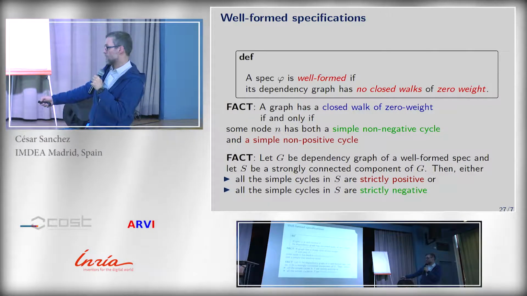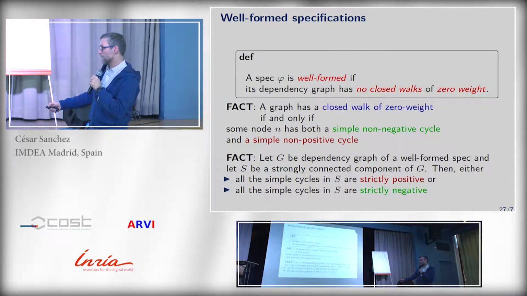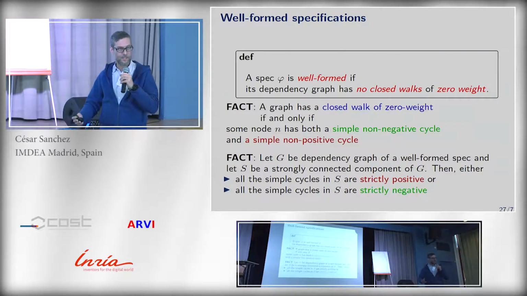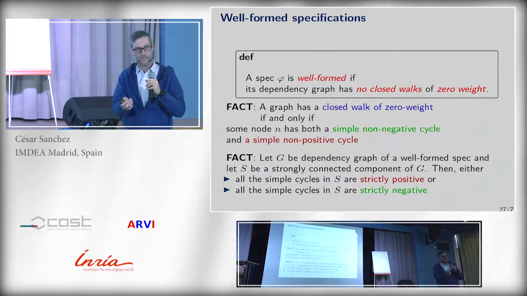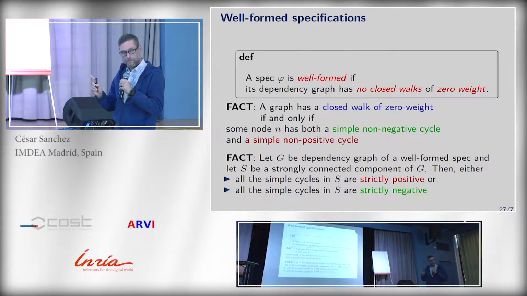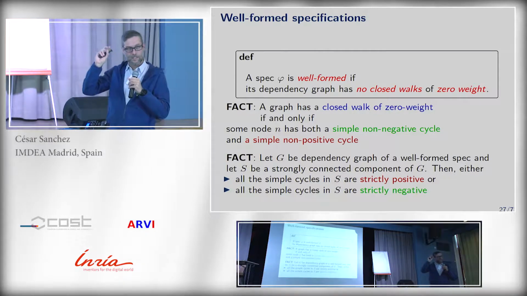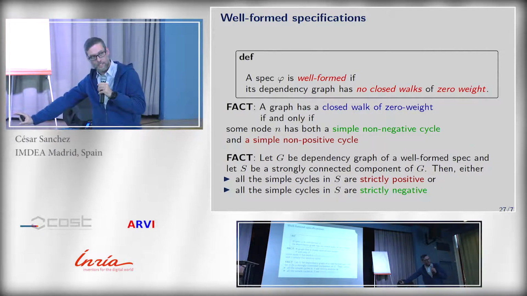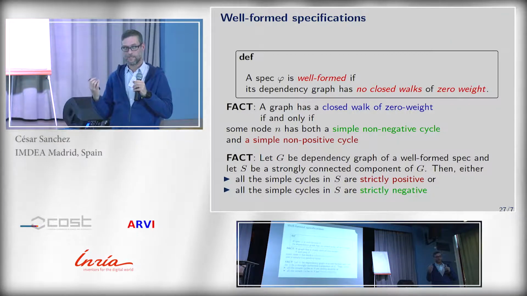So if you have a dependency graph and you take a strongly connected component, all the cycles in that component are either strictly positive, or all the cycles in that component are strictly negative. A strongly connected component is a component in the graph where every node reaches every other node. Right? So your graph is composed of components, if it's well-formed, such that every component is either strictly positive or strictly negative, and between components you have a DAG. Right? This must be intuitive.